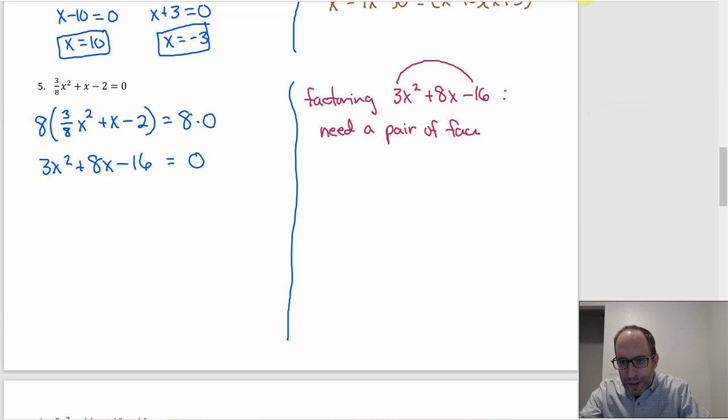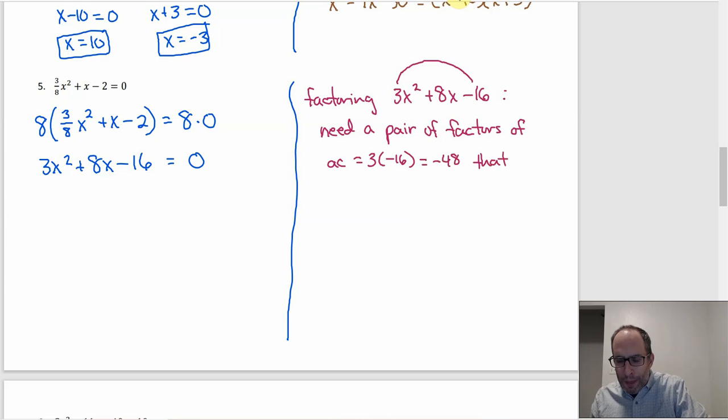I missed the T. Factors of, well, it would be a times c, which here is 3 times negative 16, which is negative 48, that add up to 8.